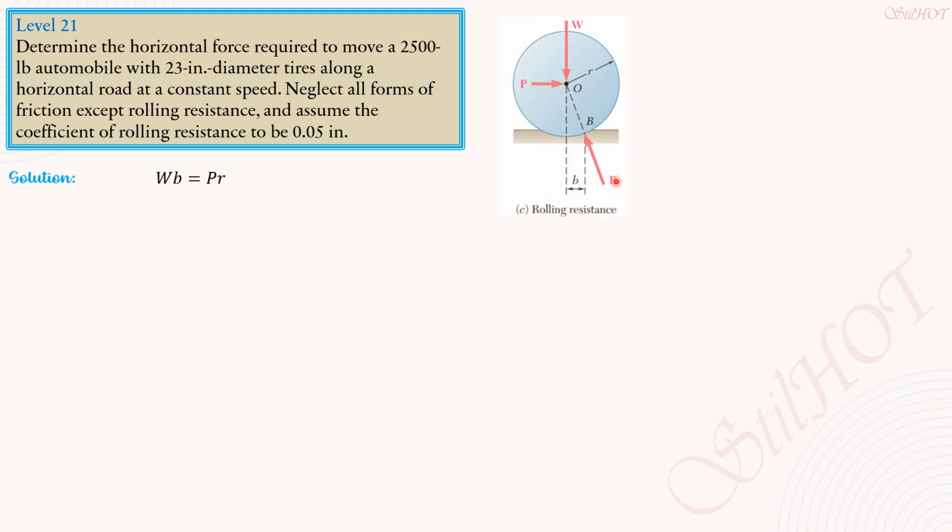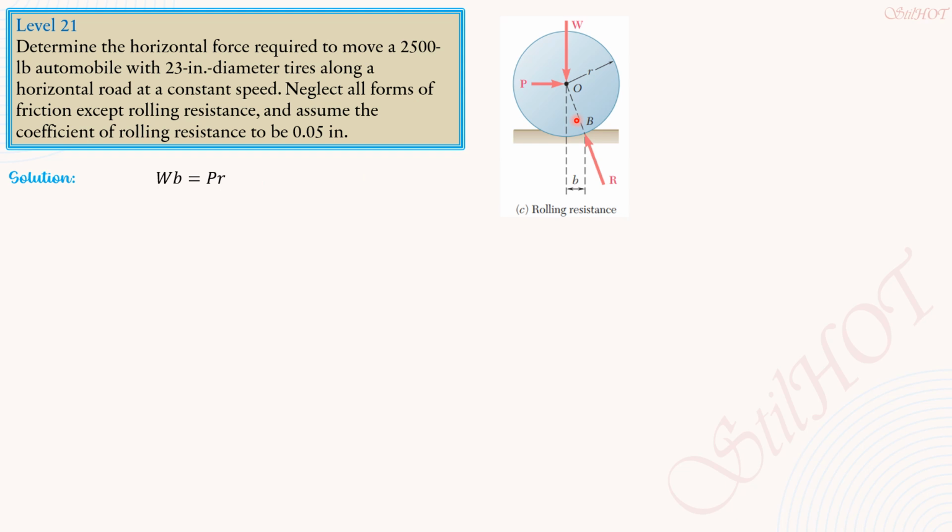This is point B where the reaction between the ground and the wheel meet, and if the net downward vertical force is denoted by W, and this is the horizontal force that is required to roll the wheel, then we sum up moments about B. That's the principle: W times b equals P times radius. So we just treat this moment arm of P to be the radius approximately.